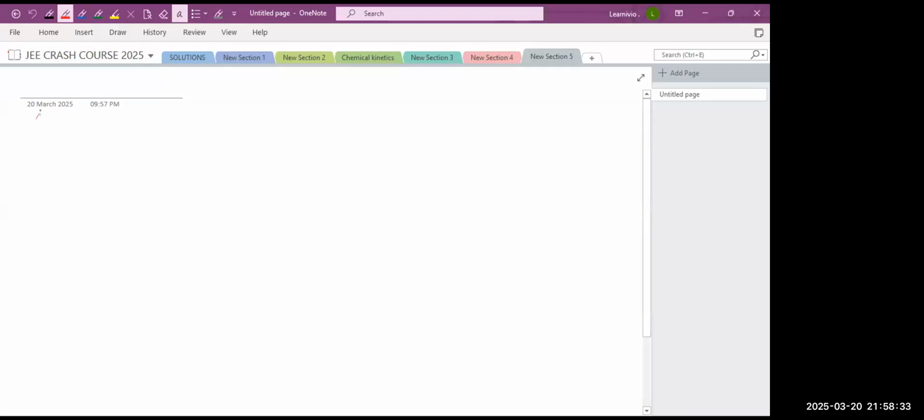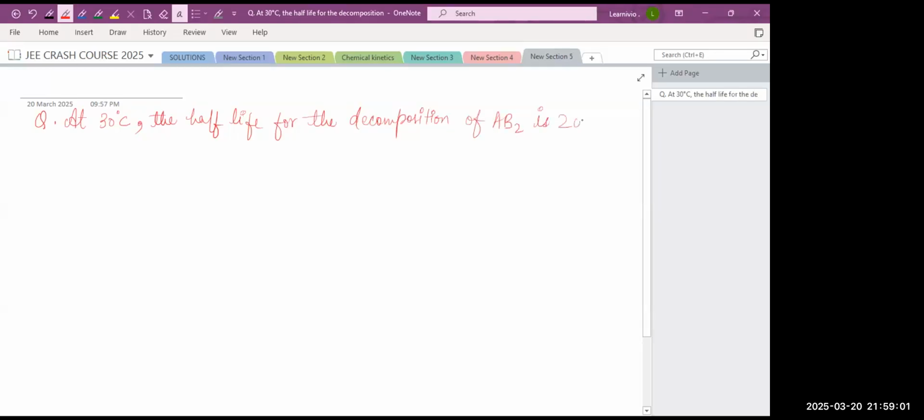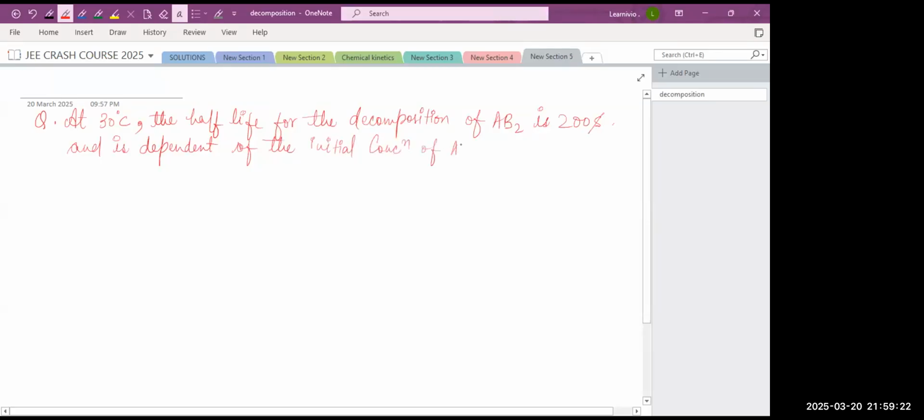Okay, write the first question. At 30 degrees Celsius, the half-life for the decomposition of AB2 is 200 second, and it is independent of the initial concentration of AB2.